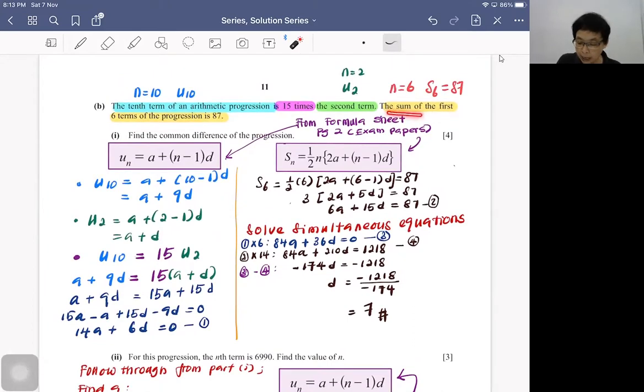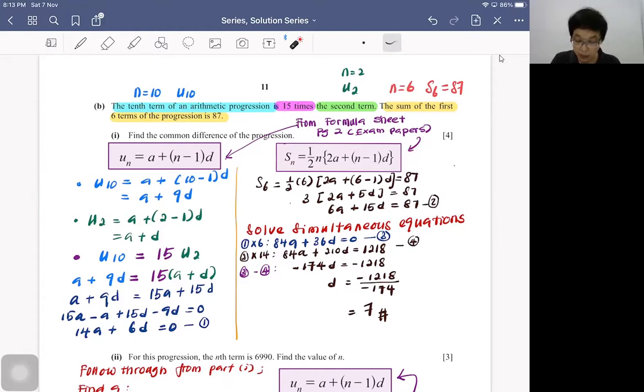The one I highlighted in orange puts up there the sum of the first 6 terms. n equals 6, or S6 is 87. So what you do is you take the formula from the formula sheet and put it down here, and then you're going to substitute accordingly.